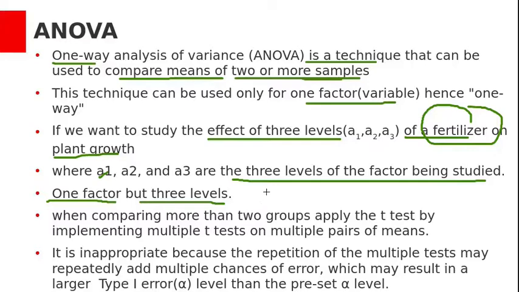We have already seen the t-test, which can be used to compare two means. If we want to compare three means, we can use this t-test multiple times. Here we need to compare these three means.